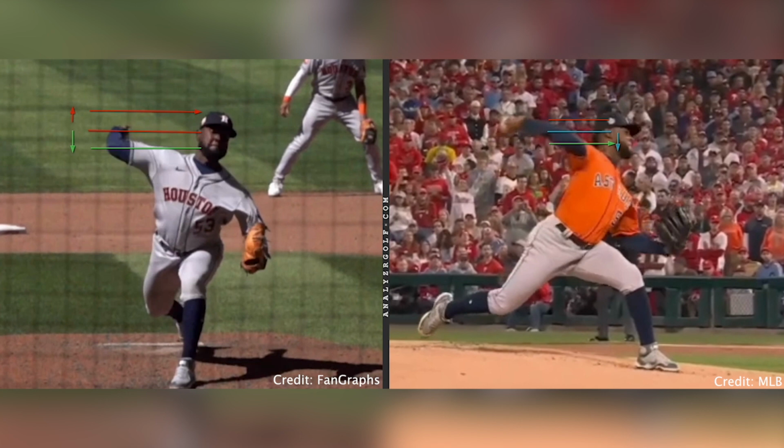Now, another thing that we look for is we want to ensure that arm layback is occurring behind the ear line in the horizontal realm. So what do I mean by that? We can clearly see here that Javier's ear in the horizontal realm is in this range right here. And where do we see his elbow? We can clearly see that his elbow is pretty far back here when he's achieving maximal arm layback.